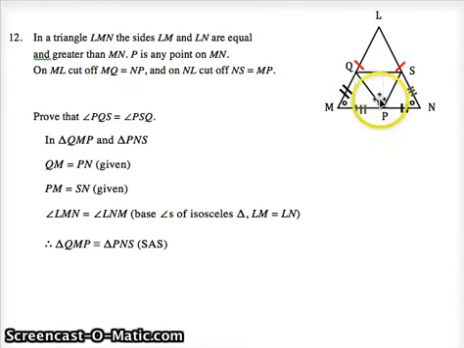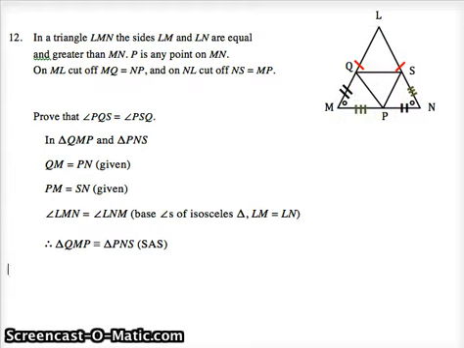Now the question wants us to prove that angle PQS equals angle PSQ. Those angles will be equal if PQ equals PS, making it an isosceles triangle.